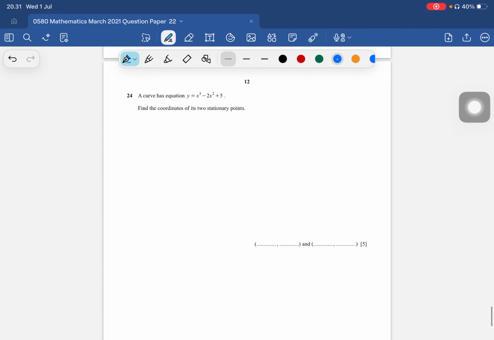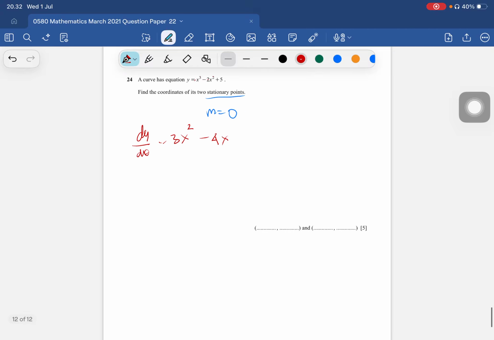Okay, 24. A curve has the equation. Find the coordinates of its two stationary points. A stationary point is when the gradient equals 0, so you can find dy/dx. Here is 3x squared minus 2 times 2, equals 4x, and here is 1 equal to 0.